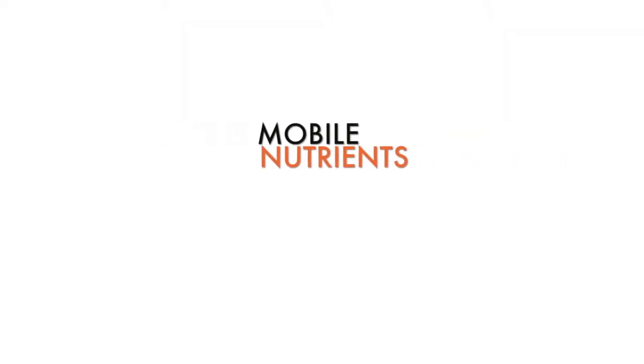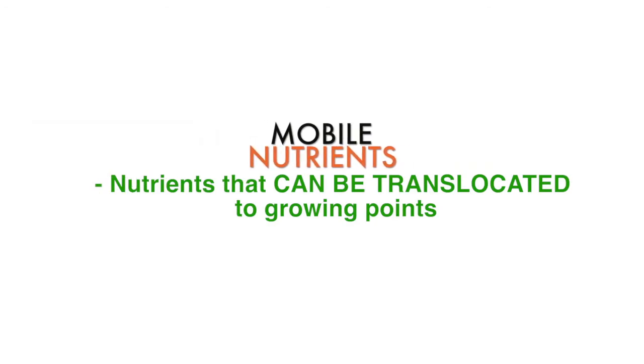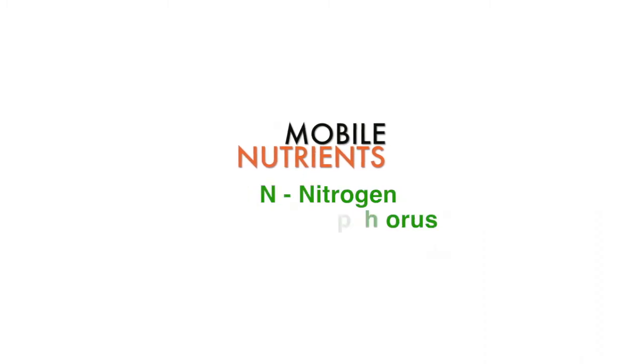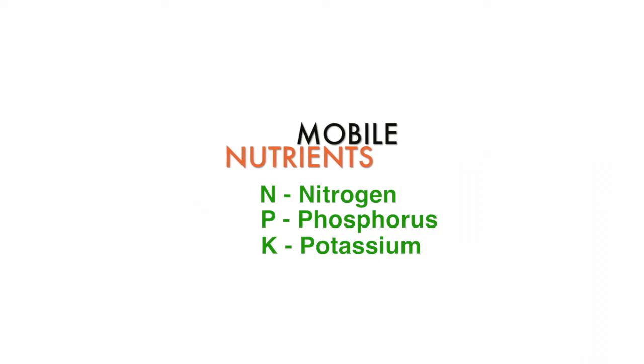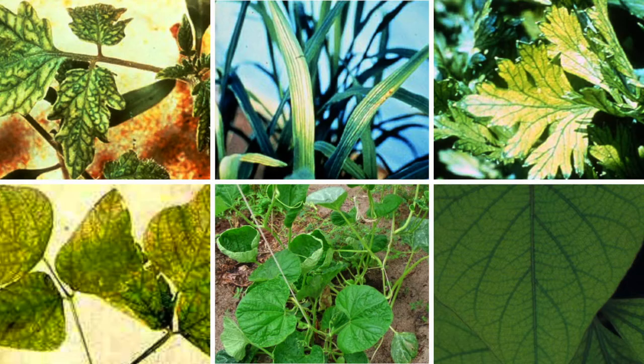Mobile nutrients are those nutrients that, once in the plant, can be translocated to growing points. Like nitrogen, phosphorus, and potassium, if there is not enough, they will move to growing points and deficiency symptoms will appear in the older leaves.